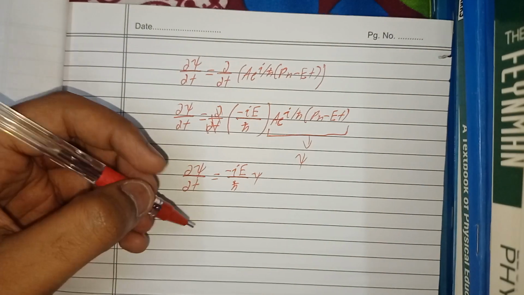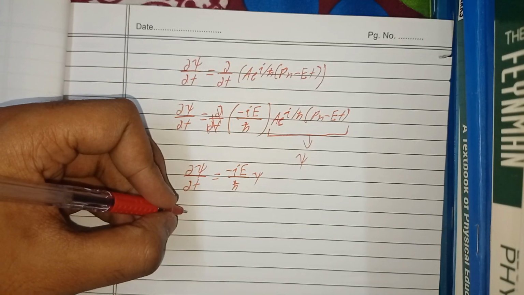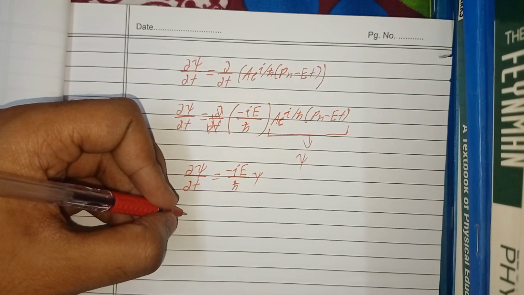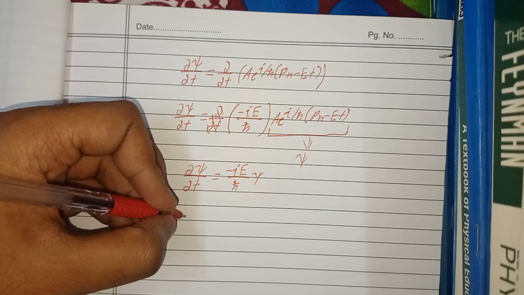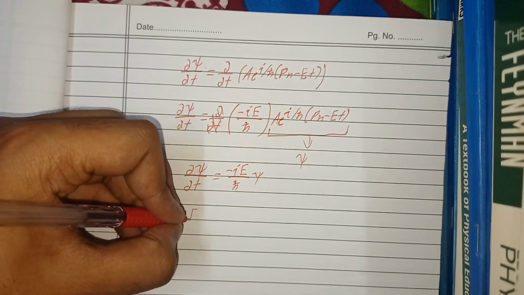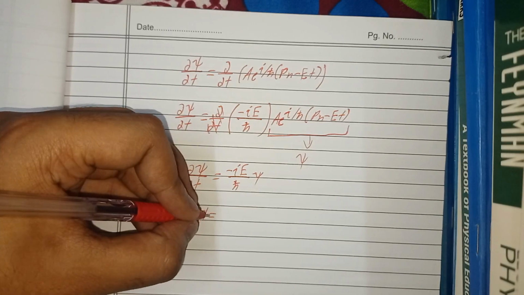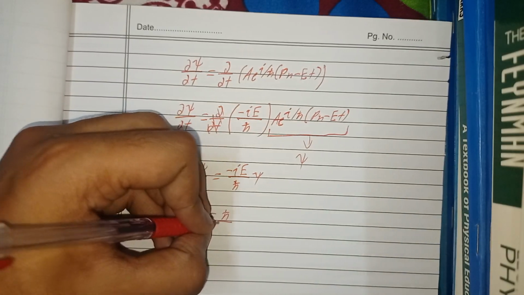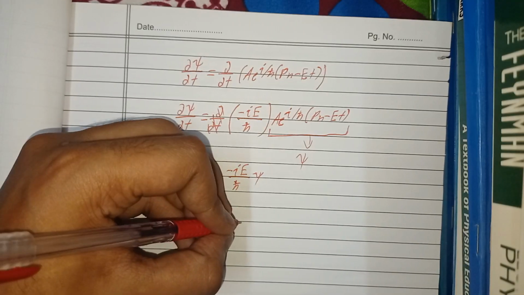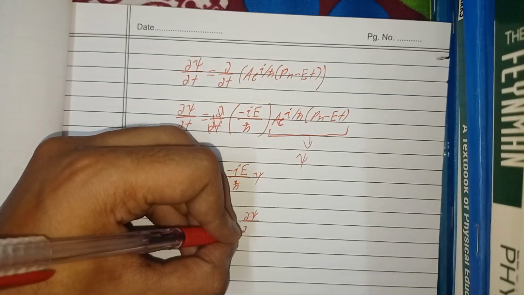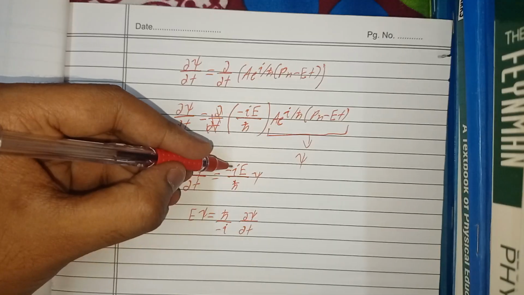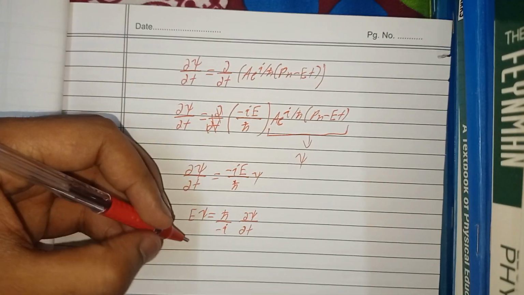It's only the energy operator. So multiplying both sides by reduced Planck constant upon minus i, we get E wave function equals reduced Planck constant over minus i, and this term will cancel out and this will remain.